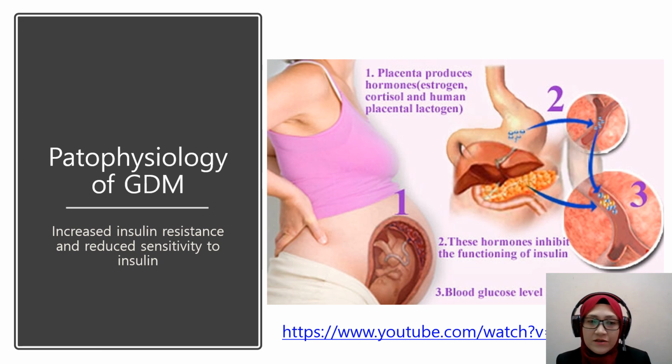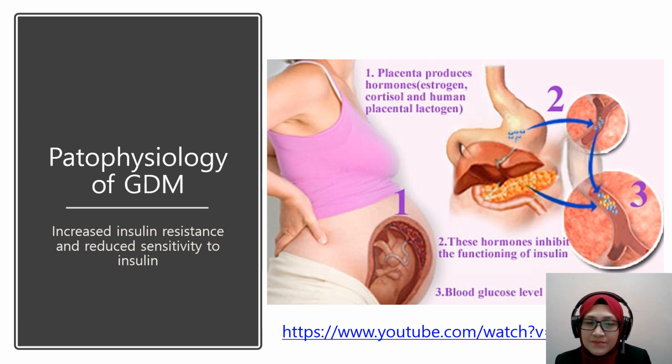The pathophysiology of GDM is similar to the pathophysiology of diabetes mellitus, in which it involves insulin resistance. But in this case, because it happened during pregnancy, it's actually the pregnancy itself that is inducing this problem. So the placenta produces hormones like estrogen, cortisol, or human placental lactogen.